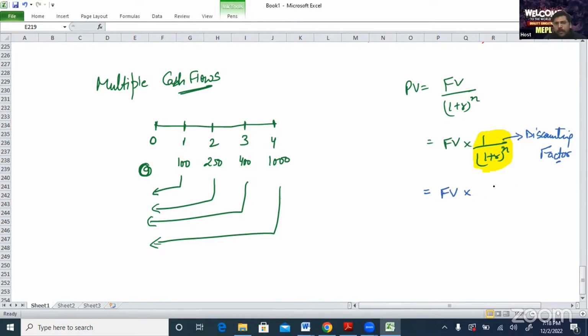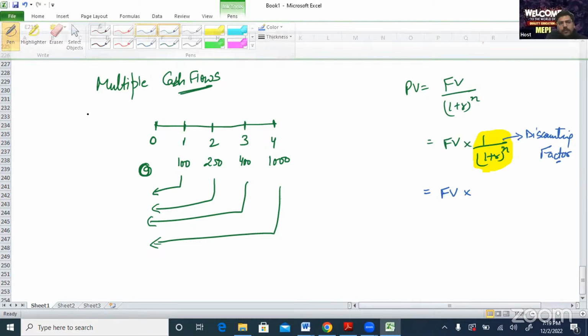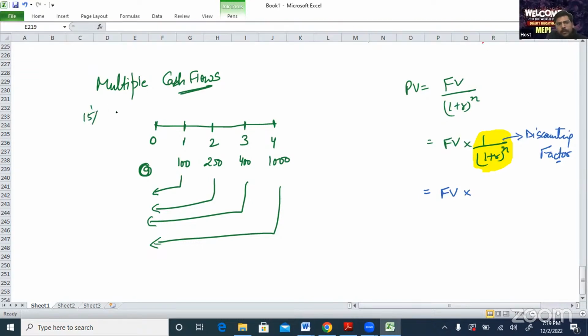Okay, so if my rate of return here is 15% per annum, I have to discount it for 1 year at 15%. I have to discount it for 2 years at 15% per annum. I have to discount it for 3 years at 15% per annum. I have to discount it for 4 years at 15% per annum. So that is something which we have to do, as simple as that.